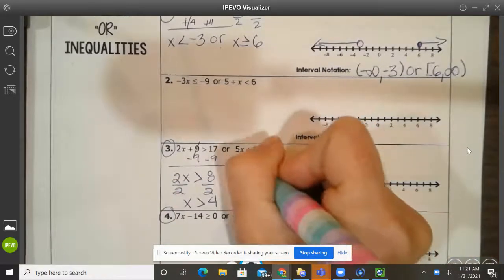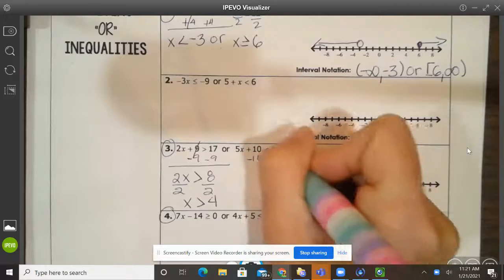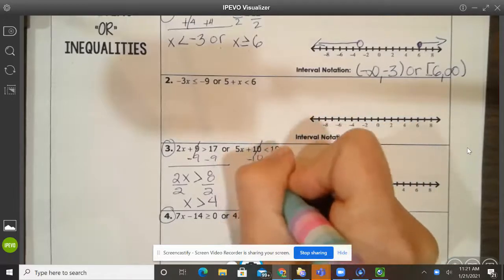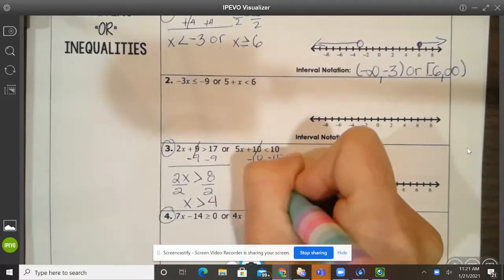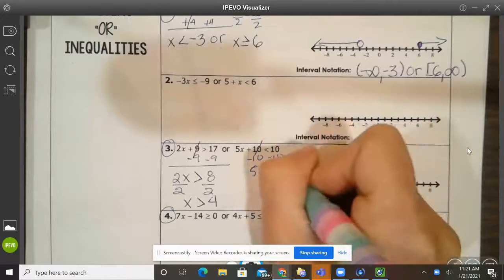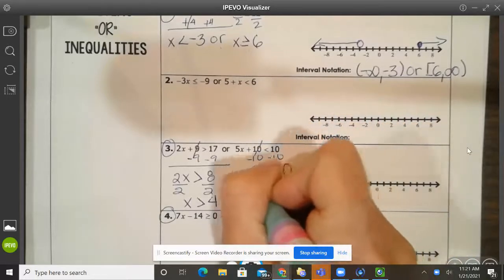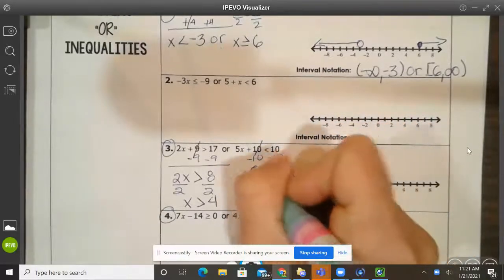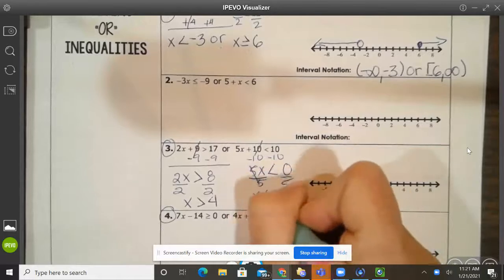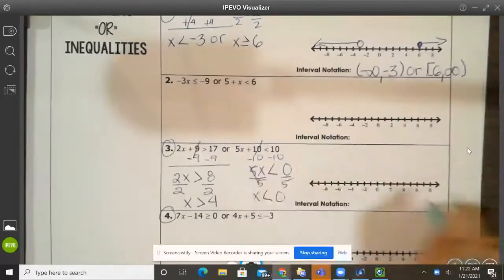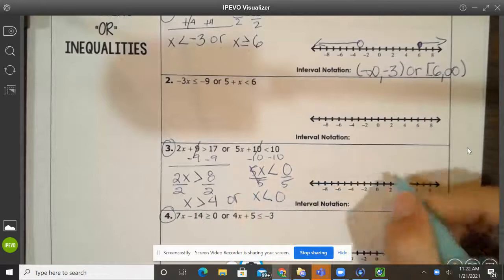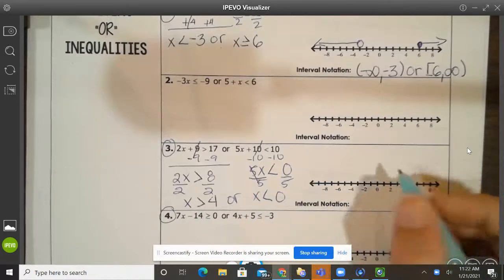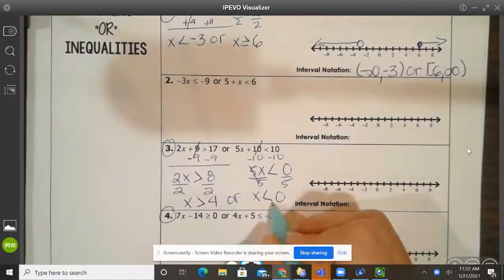The second one: -10, that's 0, that goes away. 5x is less than 0, and then you divide by 5, which is 0, so x is less than 0. And then "or". We graph them, and they're both open circles.